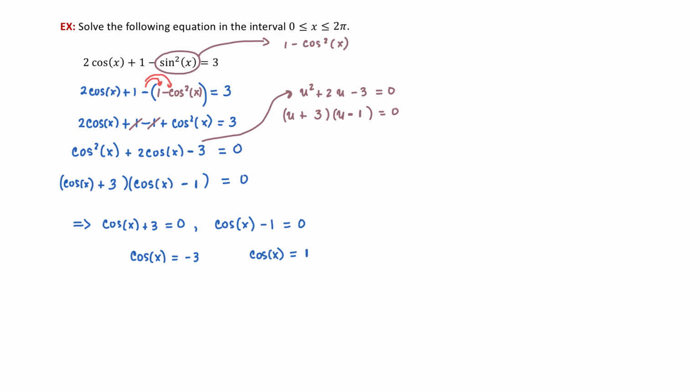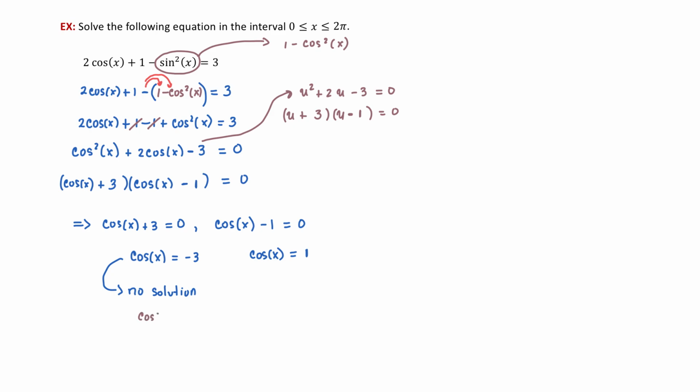So now we have to think, well, is it possible to solve this equation? And here I want you to remember that this equation right here has no solution. There is no solution, and that is because cosine is always between negative 1 and 1.